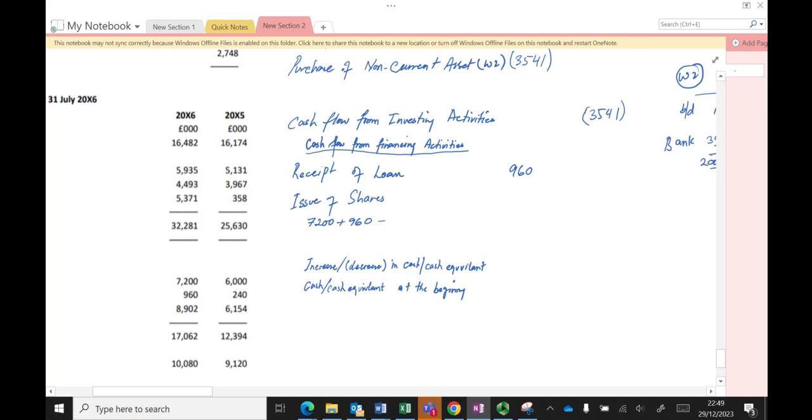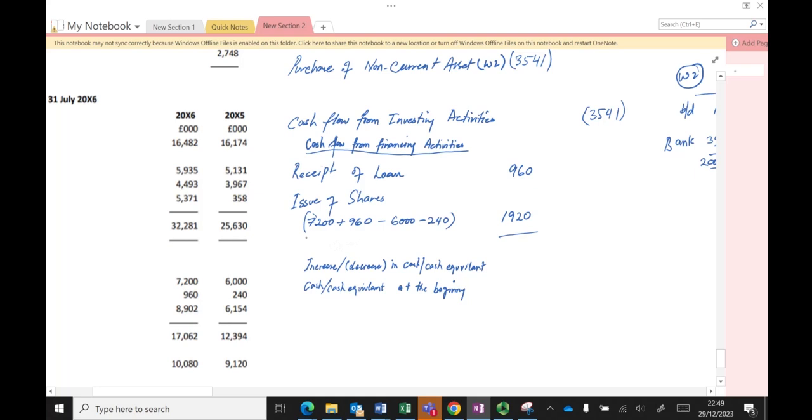In other words, you can say that premium is the profit on that share. Not exactly the profit, but just to make you understand, that is an additional price we pay to buy a share, and that is called premium. So 7,200 plus 960 minus 6,000 minus 240, and the total figure is 1920. Because I'm issuing shares, I'm selling, so cash is coming in, which is good for the business.